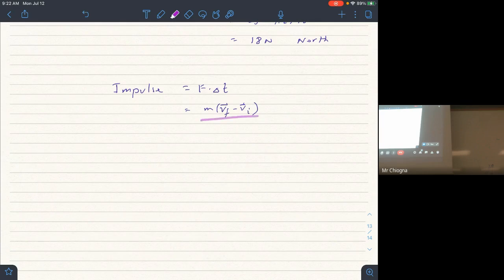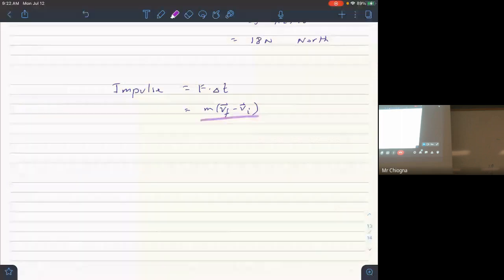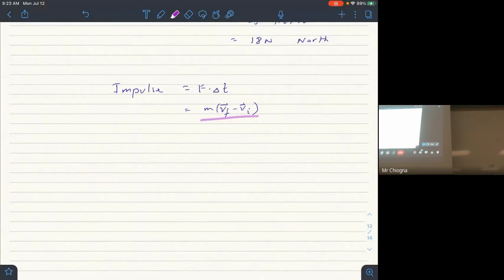So you choose whichever one you're given information for. That's the one I used. I'm going to give you the answer to that: 75 kilogram meters per second or newton seconds. And it's east. It's moving east.